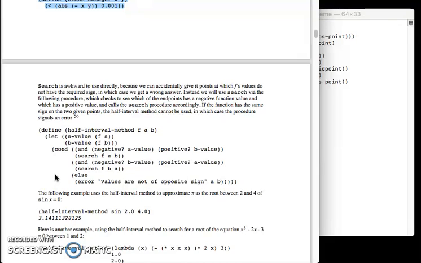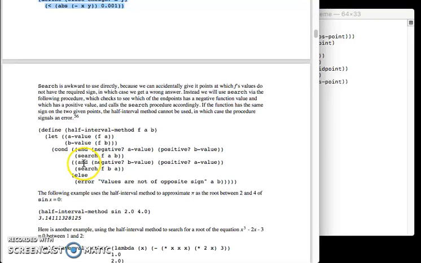Define the procedure half-interval method that takes inputs f, a, and b. Let the value a value be the expression f of a, and let b value be f of b. Check to see if the a value is negative and the b value is positive, and if that's true, return search applied to f, a, and b in that order.